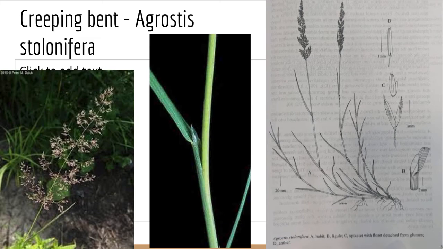Creeping bent, or Agrostis stolonifera. It's got a very open, loose panicle, a very pointed membranous ligule, and it spreads by stolons right here, which are above ground, and it's loosely to densely tufted.